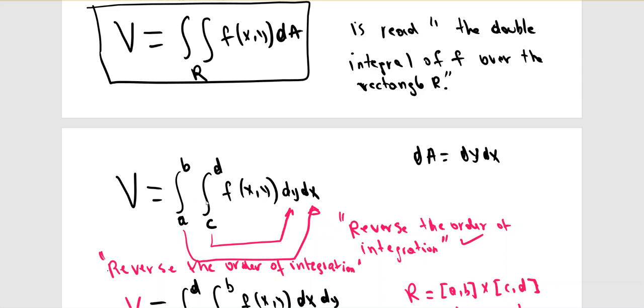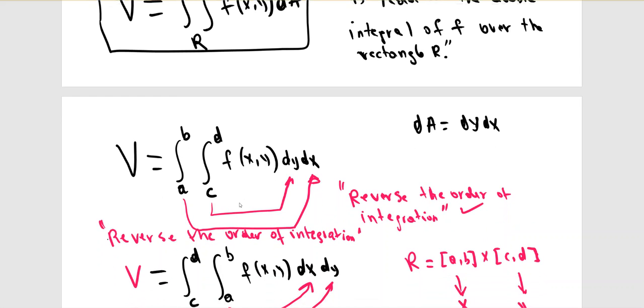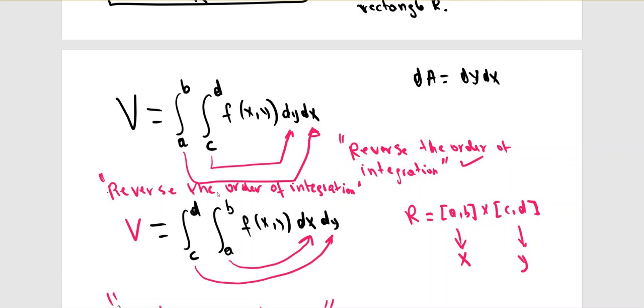This is called the inner integral, and that is called the outer integral. You can also reverse the order of integration. If you choose to integrate with respect to x first, then you put the limits of x first, from a to b, and then integrate with respect to y second, from c to d.